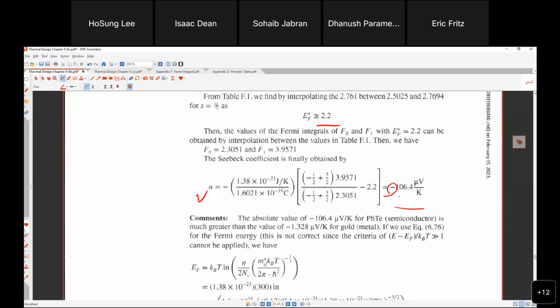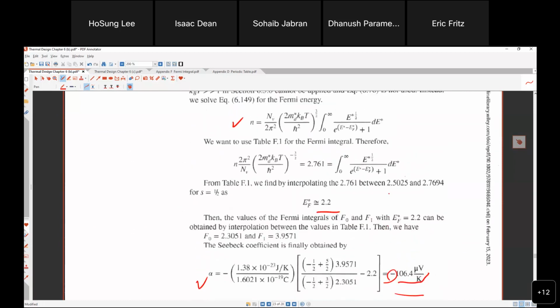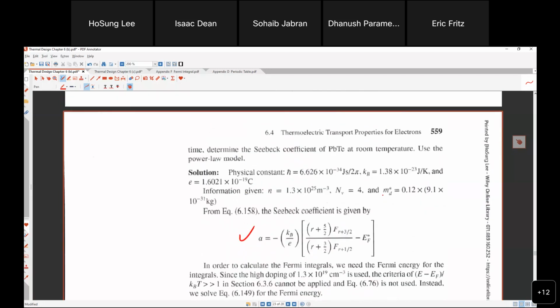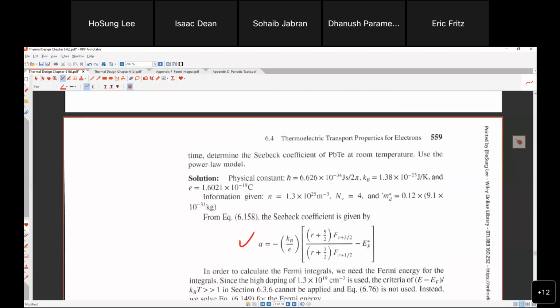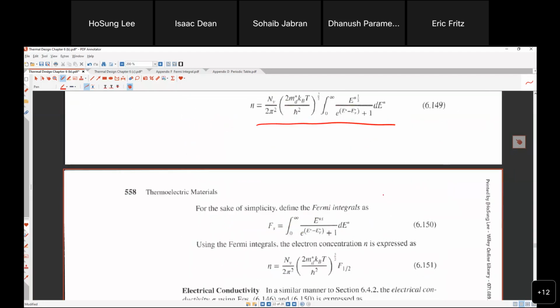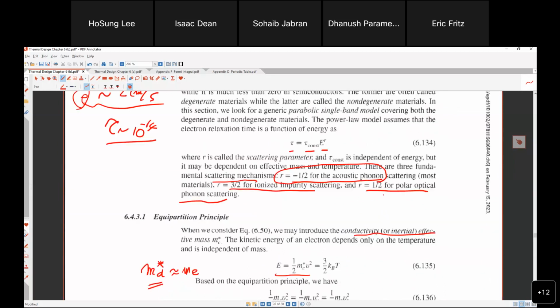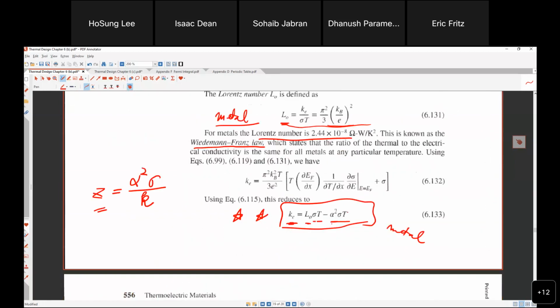So we understand that 10^6 is much larger than the metal. Metal was about 1 microvolt per K, so it's about 100 times. We'd like to have higher. According to my calculation here, I think this is somewhat important.